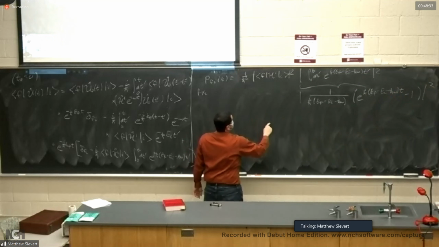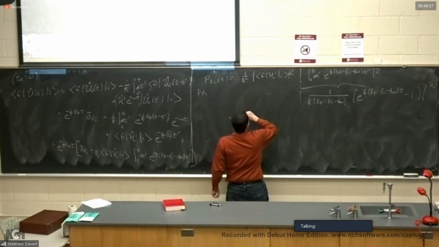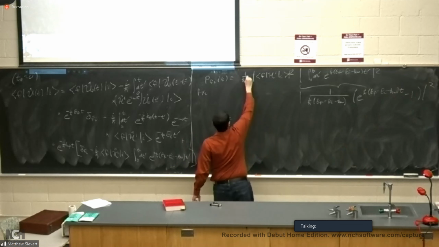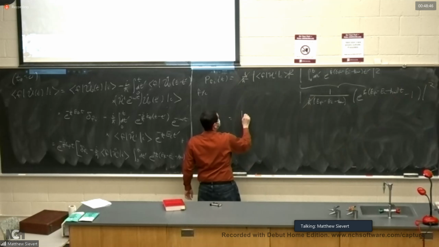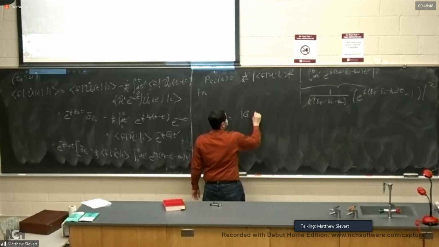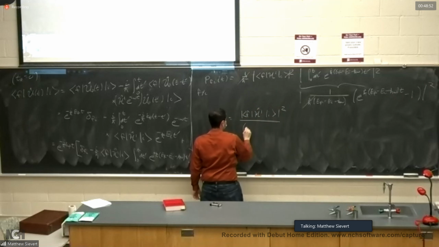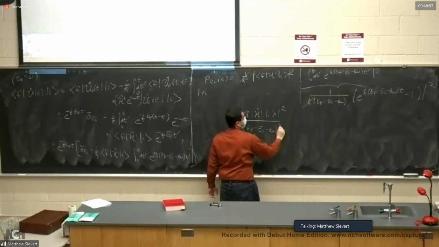So this again works out to cancel the h bars. Yes, this is 1 over h bar squared, and this is 1 over h bar squared. So I have final Hamiltonian initial squared over E final minus E initial minus h bar omega squared.